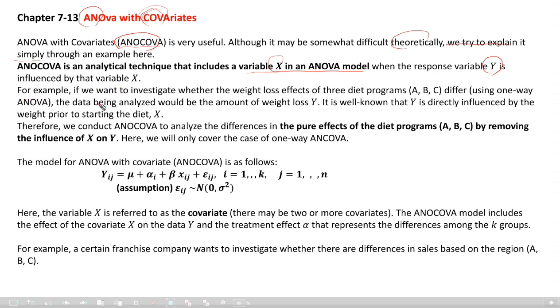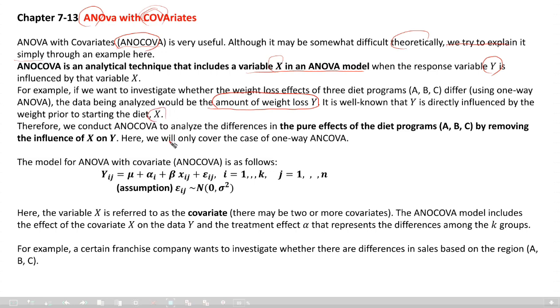For example, if we want to investigate whether the weight loss effect of three diet programs, A, B, and C, differ using one-way ANOVA, the data being analyzed would be the amount of weight loss, Y. We want to analyze Y for three different diet programs. It is well known that Y, weight loss, is directly influenced by the weight prior to starting the diet, the previous weight, X.